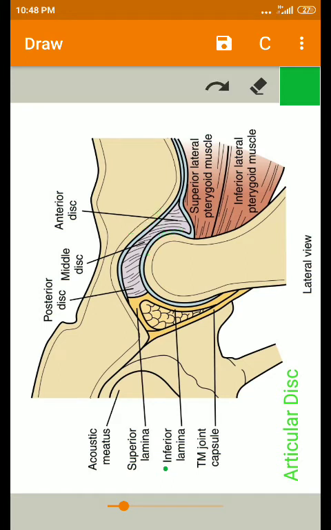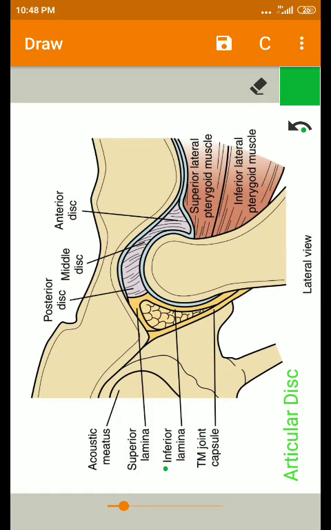To maintain the congruence of this joint, a disc is present in between the two articular surfaces, and this disc divides the joint into the superior temporomandibular joint and the inferior temporomandibular joint.